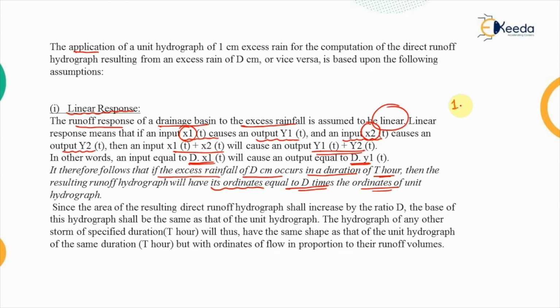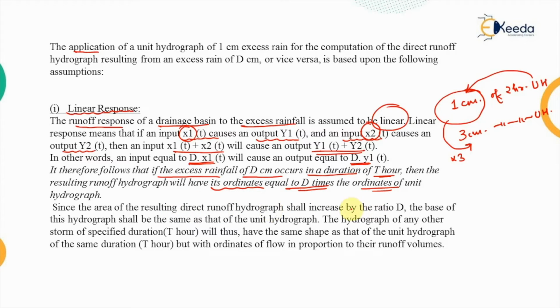For example, if we have a 1 centimeter, 2-hour unit hydrograph, now this unit hydrograph is representing 1 centimeter of the rainfall. Now if we want to plot the 3 centimeter hydrograph of the same duration, all the ordinates of this 1 centimeter hydrograph have to be multiplied by 3, and then we will get the 3 centimeter hydrograph.